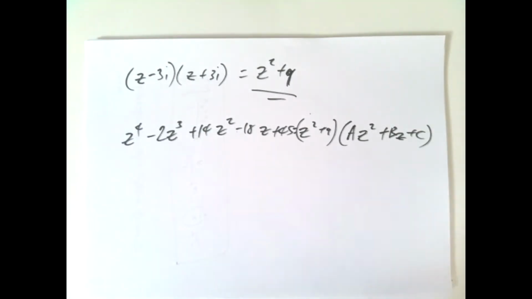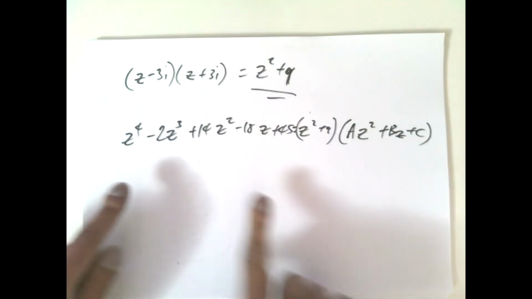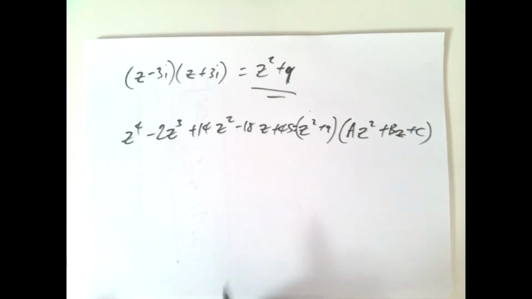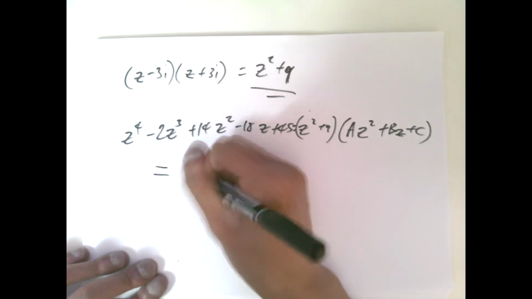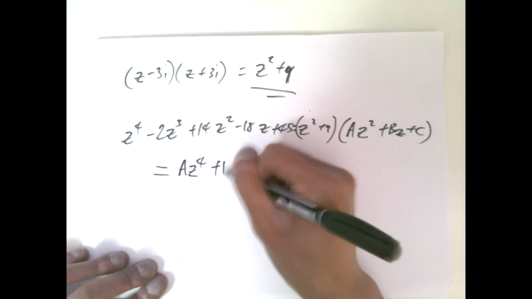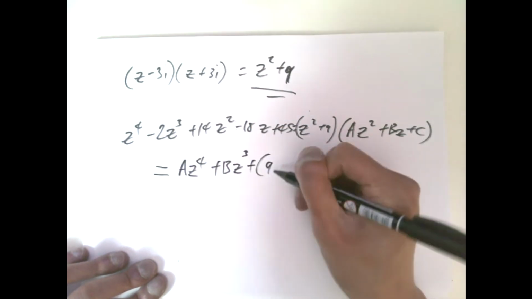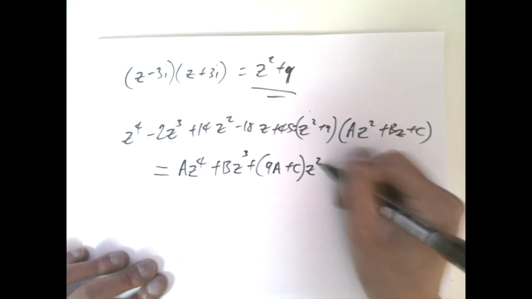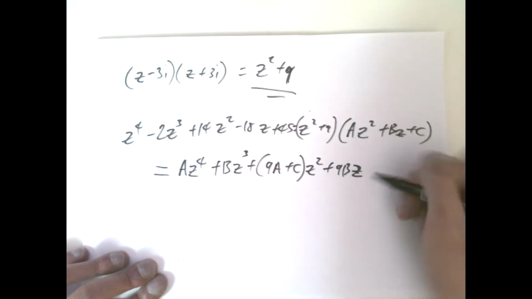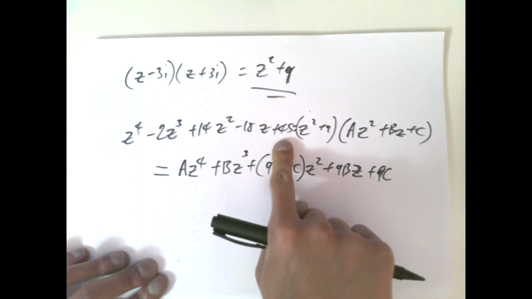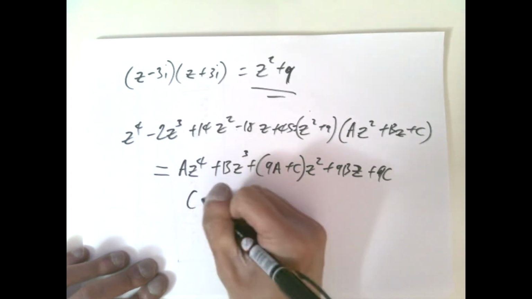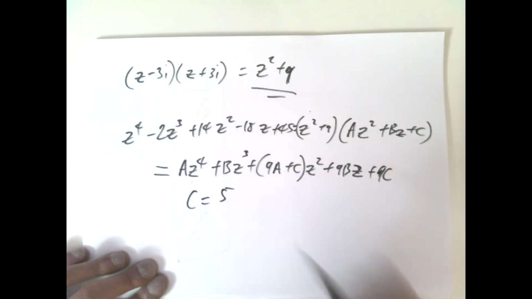Now, we need to expand this out and slowly equate coefficients. Expanding the right hand side out. Immediately we see that 9c must be 45, which indicates that c itself must be 5.